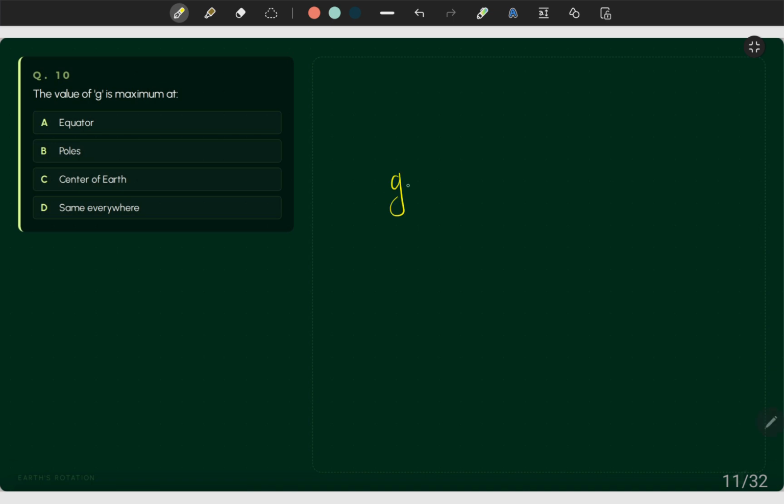So we know that g is proportional to 1 by r squared, and obviously r is small at the pole because of the oval shape. So that means g is more at the pole, that is, g is maximum at the pole.